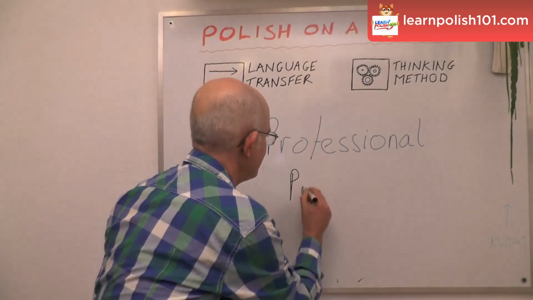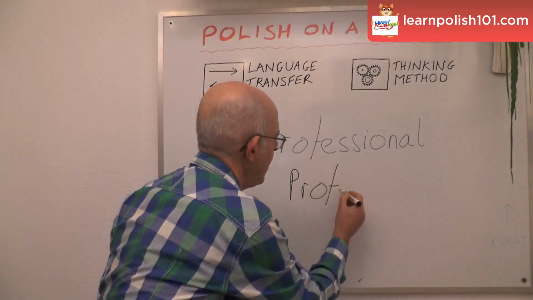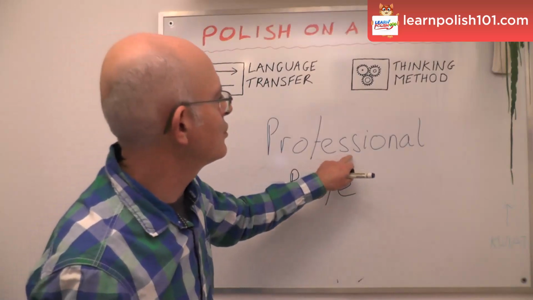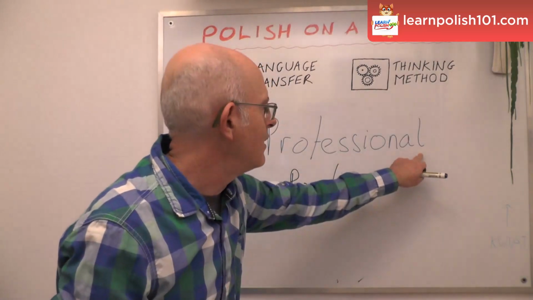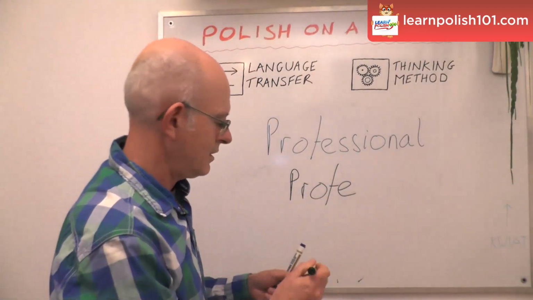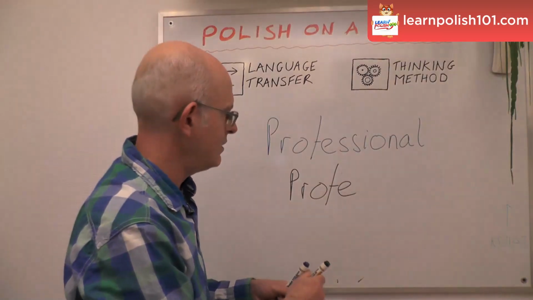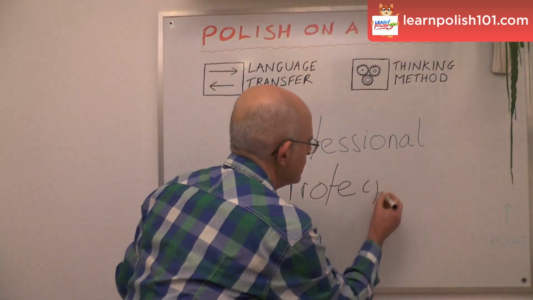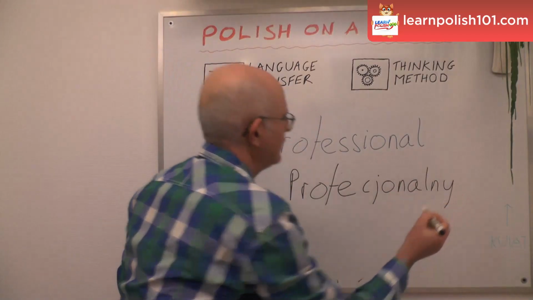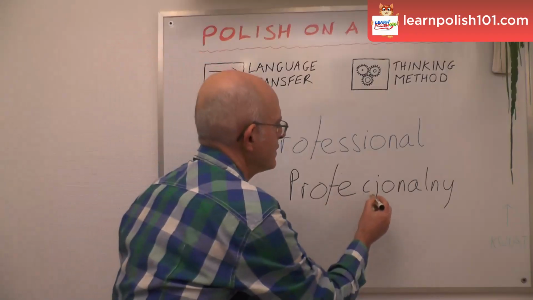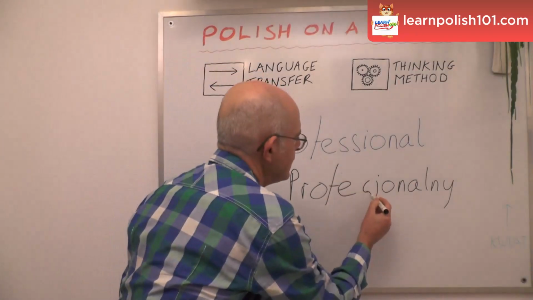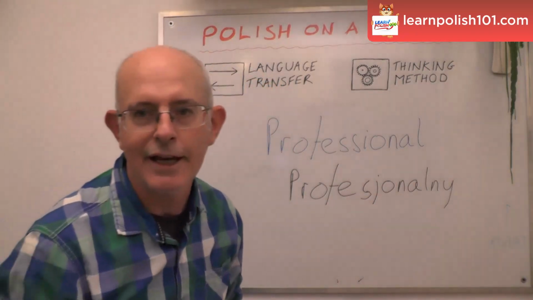So we start with our prof, like an elephant, we're good. Profe. And then we've got this -sional here. But it's very similar to what we did with depresja. So if we just take our standard rule, the only difference is, because this is an S sound, just like with depression, the C is an S instead.